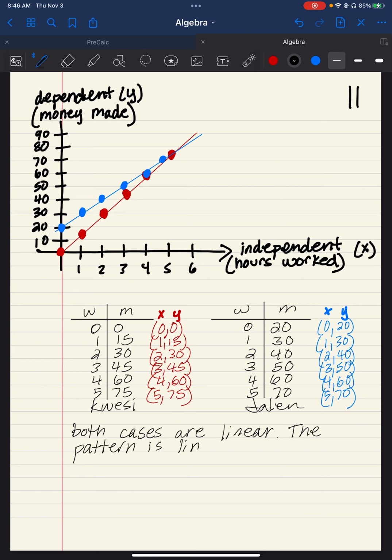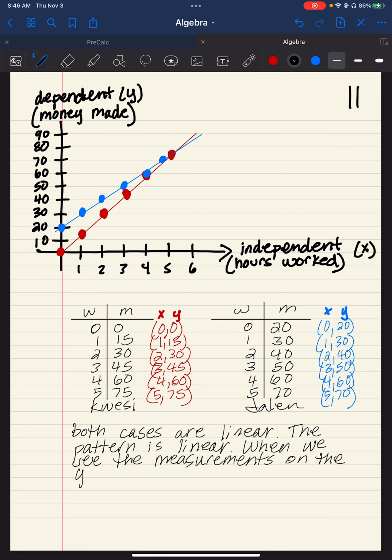Well, a working definition would be: when we see their measurements on the graph, they line up in a straight line. That doesn't always happen. But in this case, it does happen, and that's a linear pattern, and we can represent it.